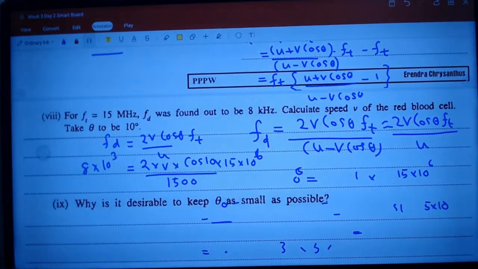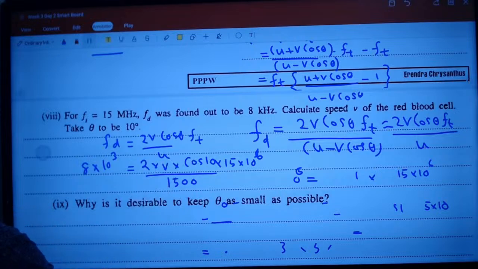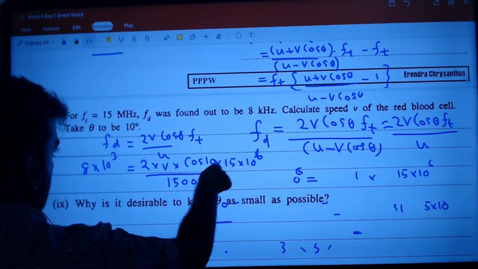I'll quickly calculate it with the approximate value. This is almost 1. So 8, 15 times 100.